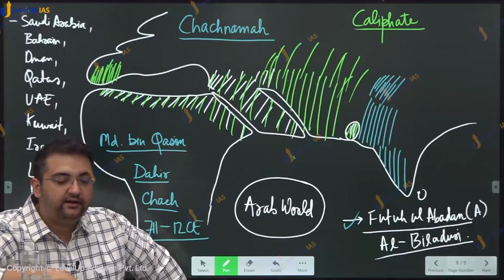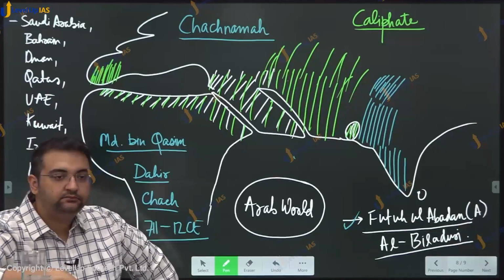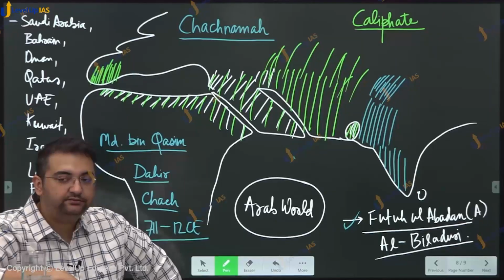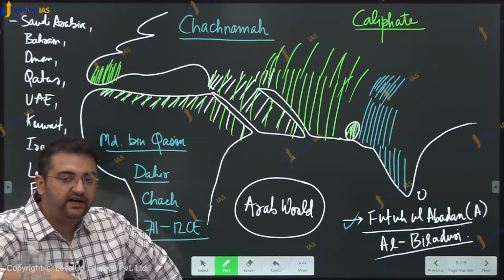Subpoint. In reality, comma, the invasion of Sindh was motivated by material factors.